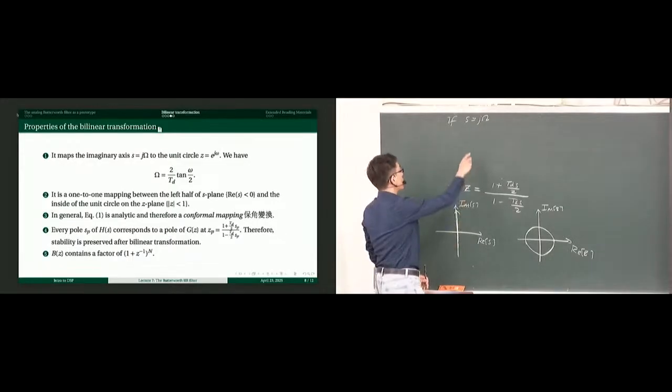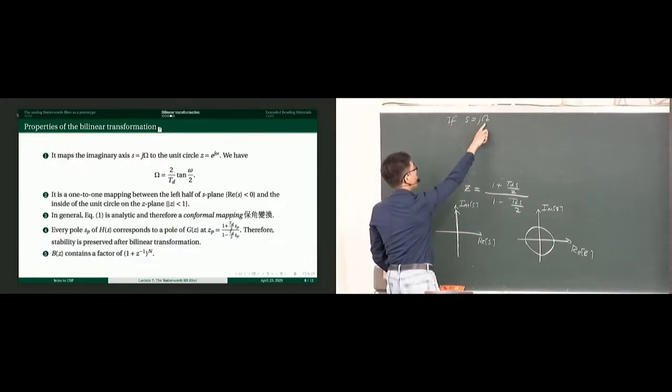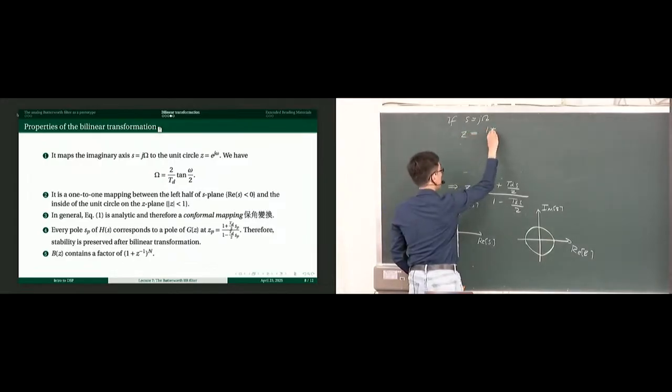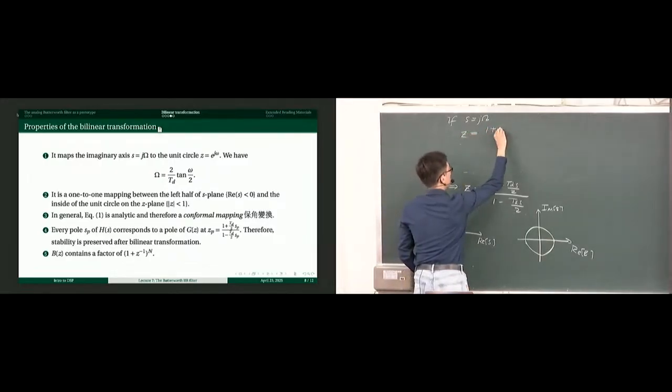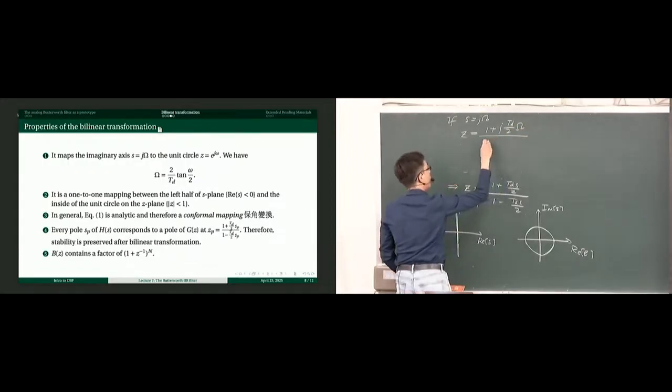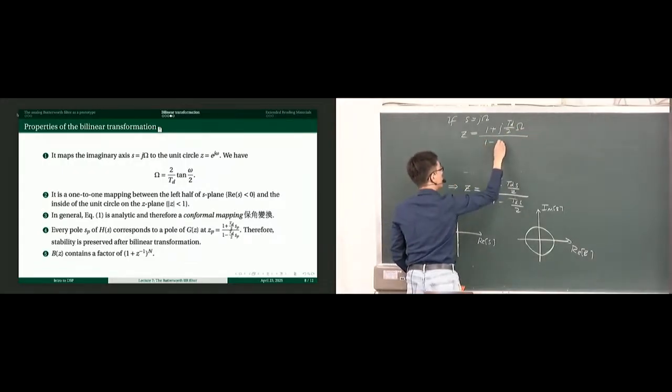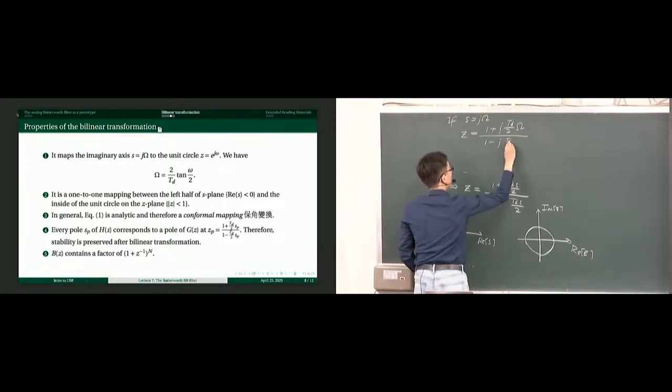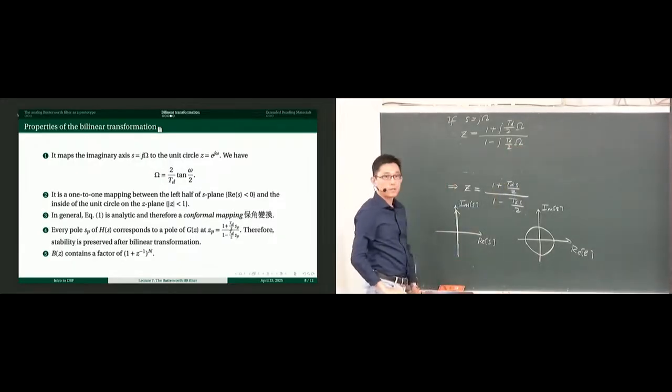We just substitute S with j omega right here. Then we get Z equals (1 plus j T_d over 2 big omega) divided by (1 minus j T_d over 2 omega).